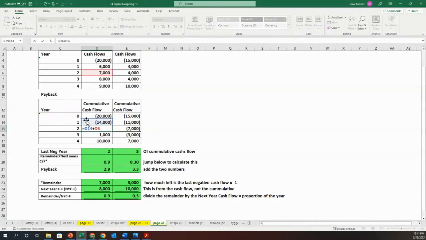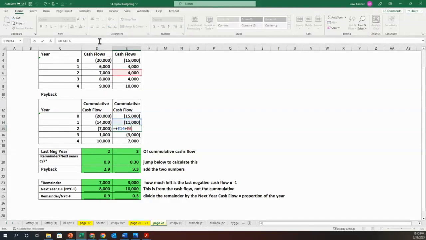So D14 is the year one cumulative, that's like a balance, plus year two's annuity payment. And it's much easier without the colors. Year three is the year two cumulative plus the year three cash flow. And I'll just do the other one. Okay, so year two cumulative, year one cumulative was the year zero cumulative plus the year one.